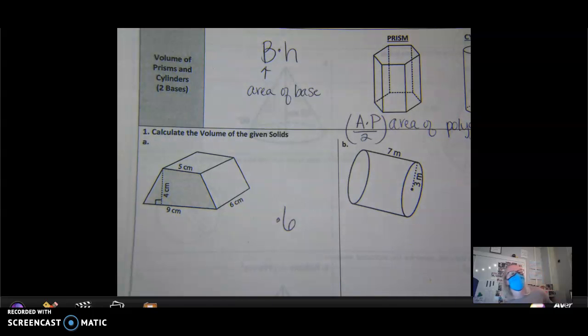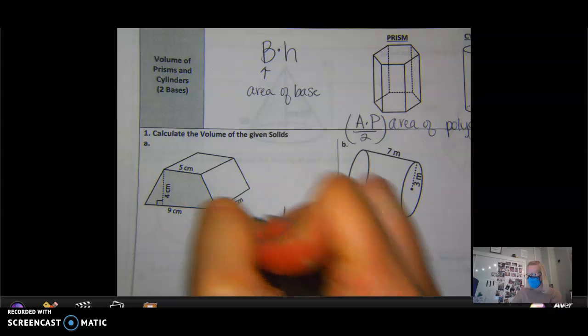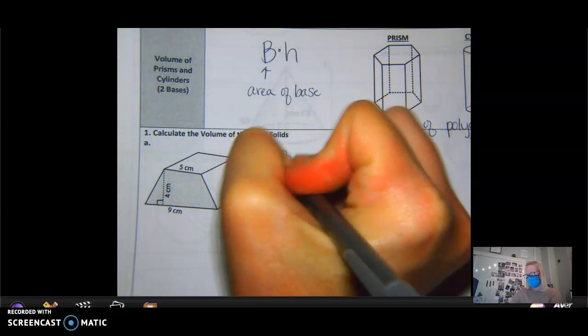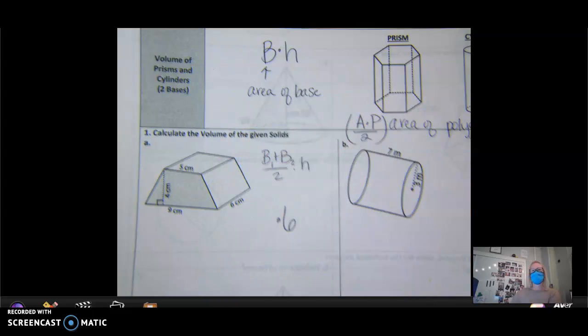Does anyone remember how to find area of a trapezoid? Yes. Base 1 plus base 2 divided by 2, right, times the height.